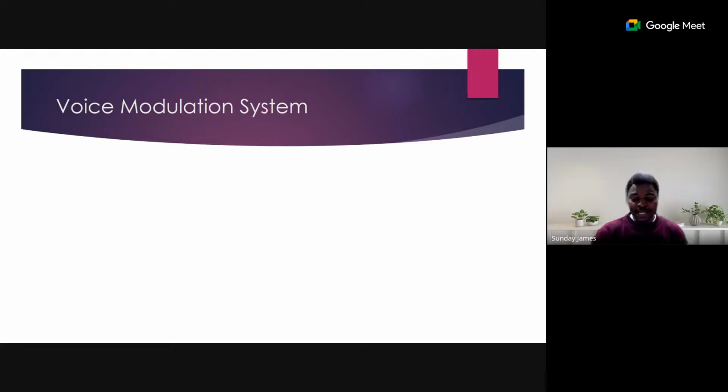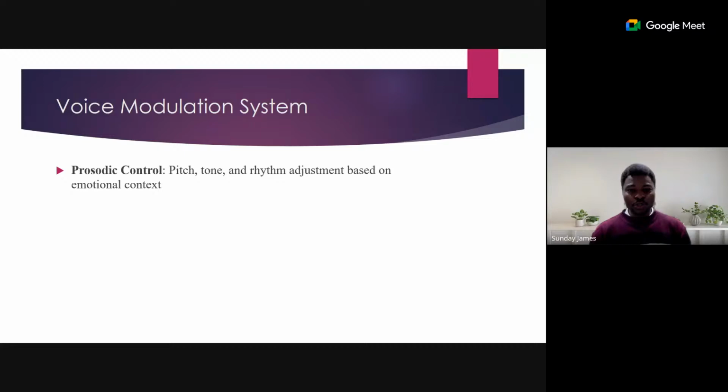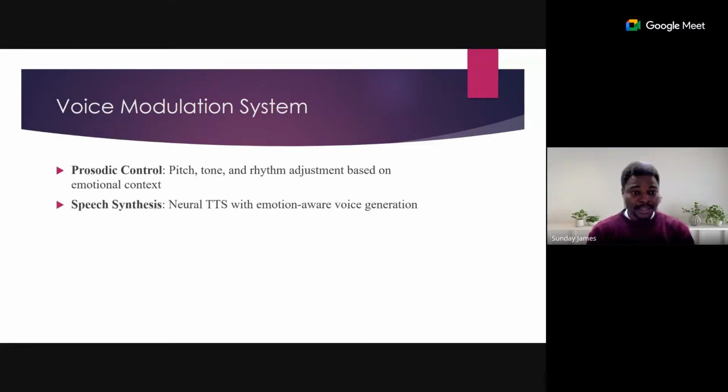Now, voice modulation systems. We have prosodic controls whereby we can modulate the pitch, the tone, and the rhythm to mimic your voice and your tones to make it look natural and sound very creative and intelligent. Now, speech synthesis: we use natural text-to-speech with emotion-aware voice generation.